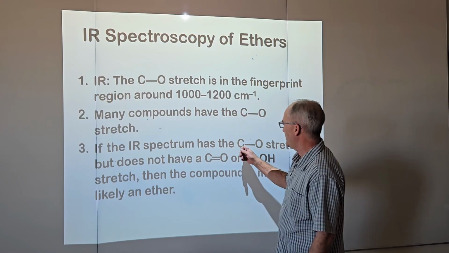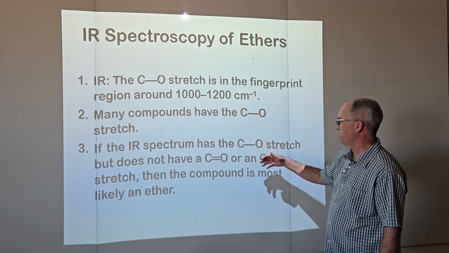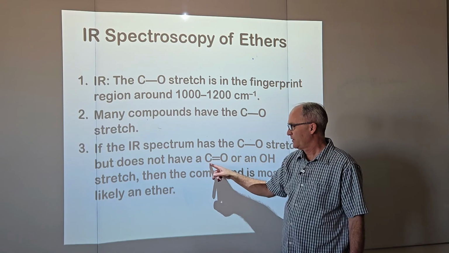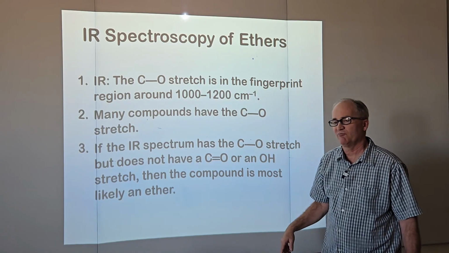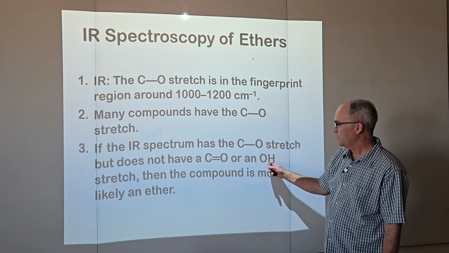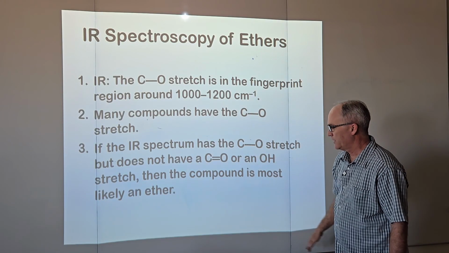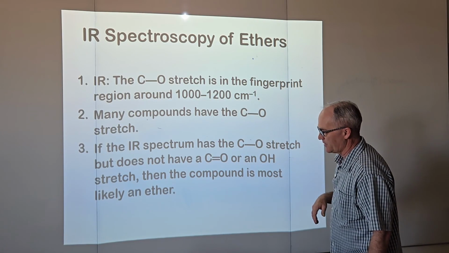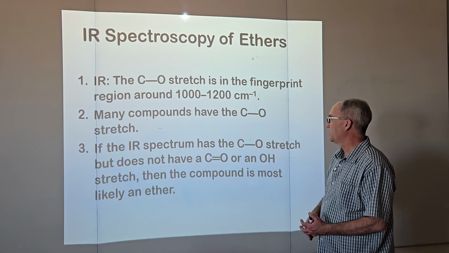If the IR spectrum has this stretch, which we may or may not even look at in that fingerprint region, but it doesn't have the carbonyl at 1720 wave numbers, or the OH, that big broad thing at around 3,000 up there on the left side of the spectrum, we most likely have an ether.